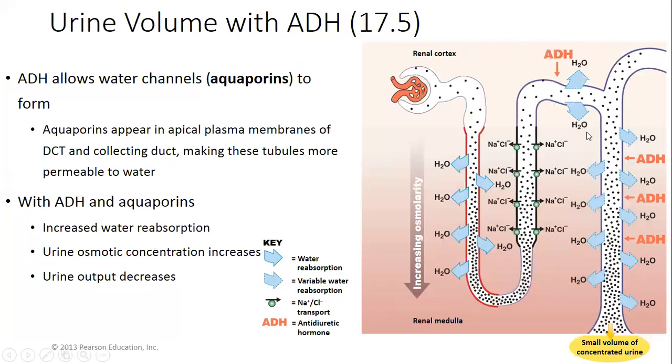That stimulates the production of water channels called aquaporins that insert into the membrane of the collecting duct and allow water in the tubule to leave and move back into the blood. So you reabsorb the water that was in the tubule and don't excrete it, which decreases the volume of urine, but increases its concentration.